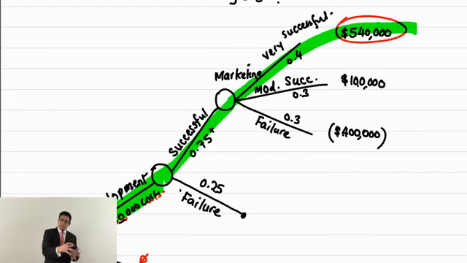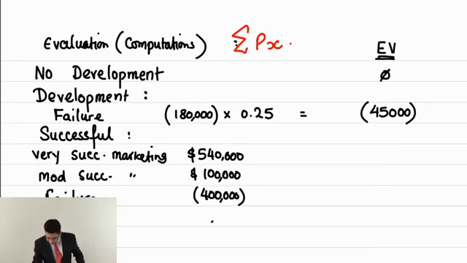We developed, our development was successful, we marketed, and marketing was very successful, and then we generated $540,000 of profit. In this whole branch, can you see there are two probabilities coming along, 0.4 and 0.75. These are to be multiplied here, times 0.4 times 0.75.